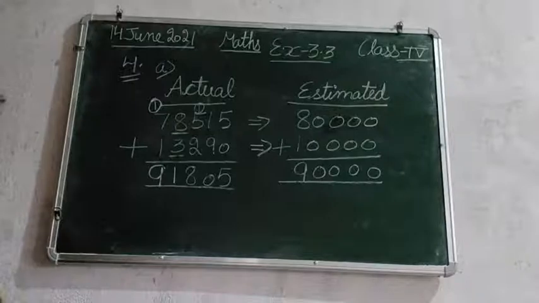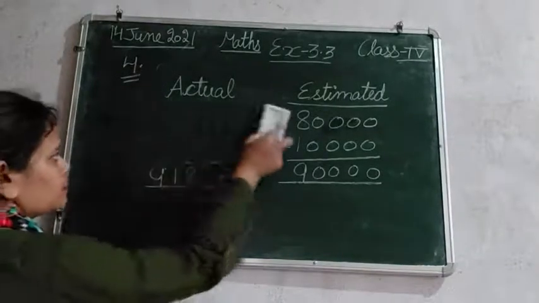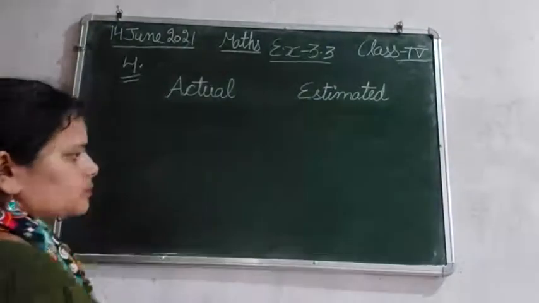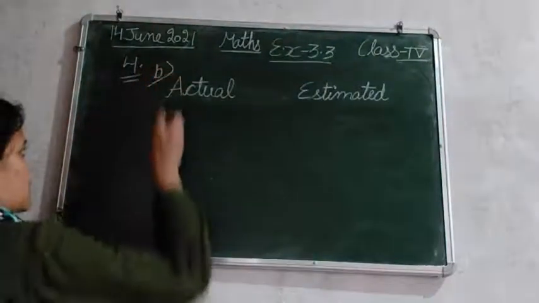Okay class? Chaliye. So now we will move to the B part of the same sum. The B part is given here.